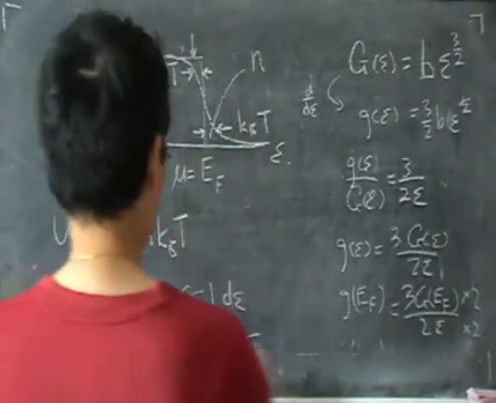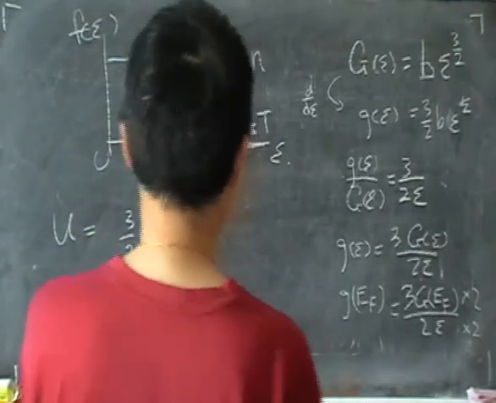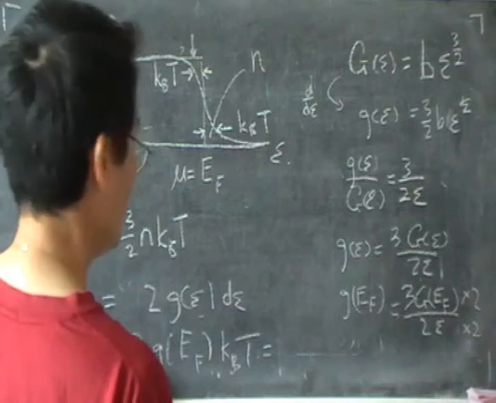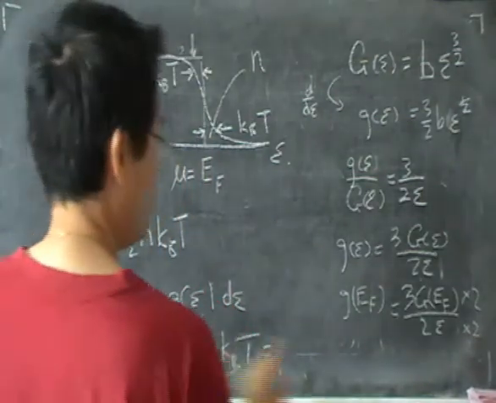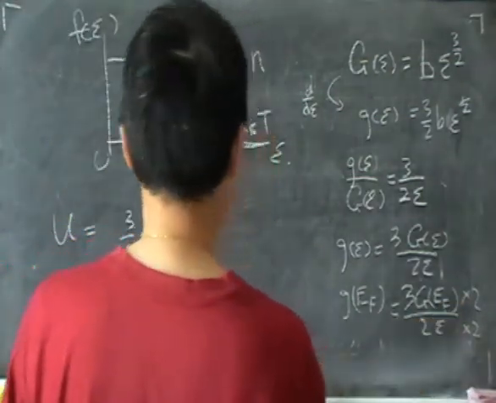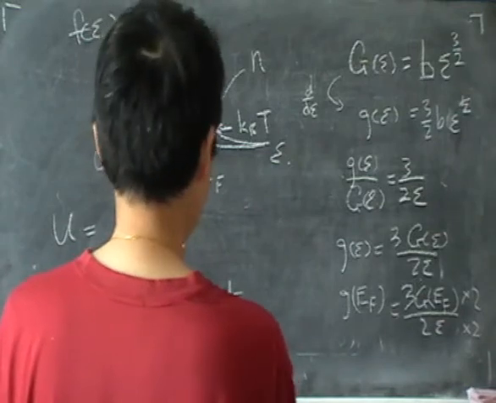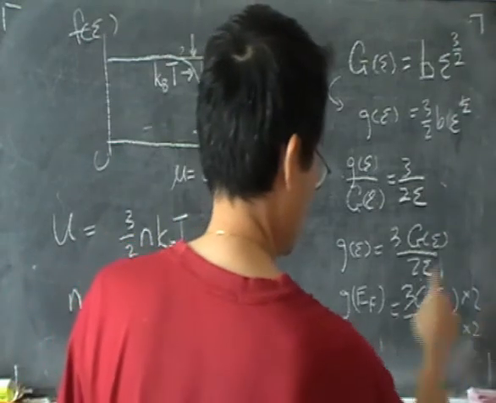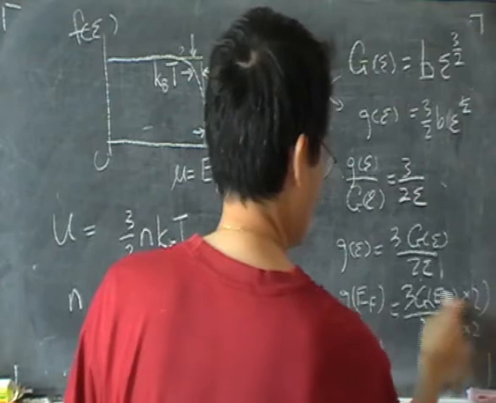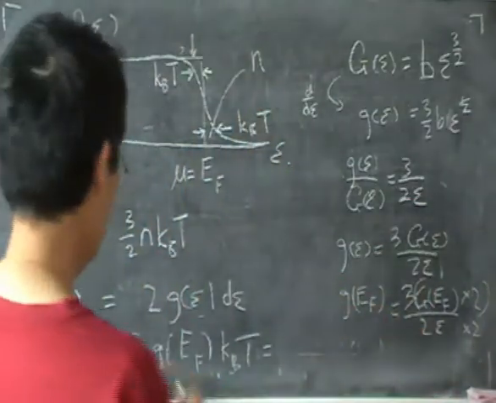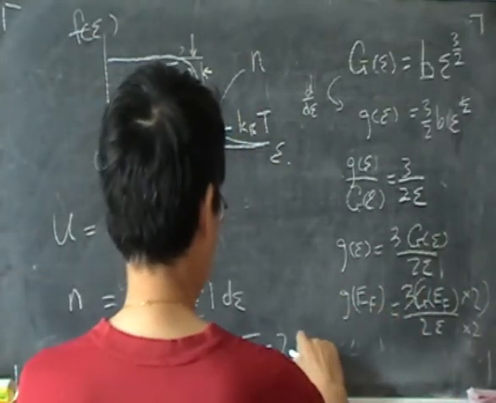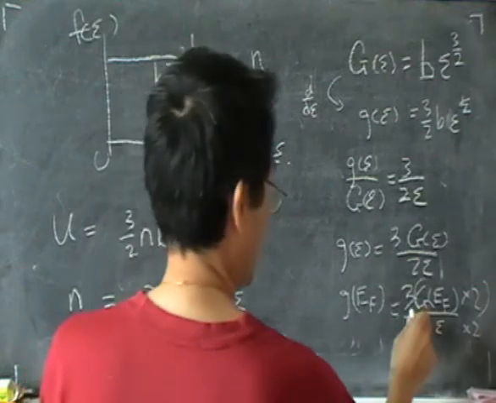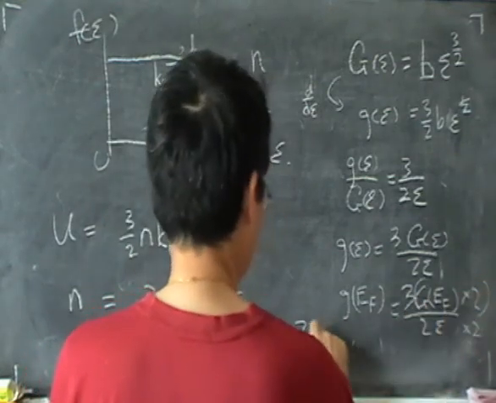So now I have an expression for little n. It would be 2 times G of EF, which is that. So G of EF would be just this, where this part there is actually n. So let me write this out. I have the 2 there, I have 3 times n.